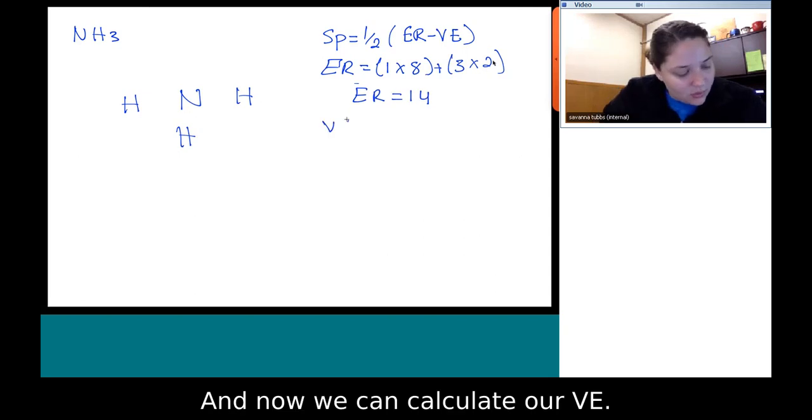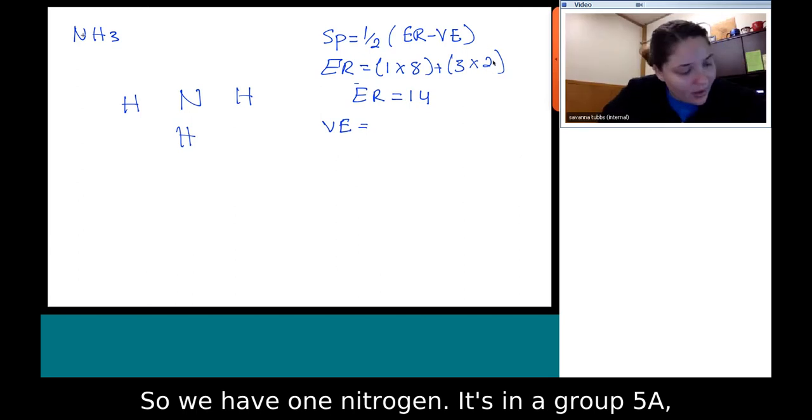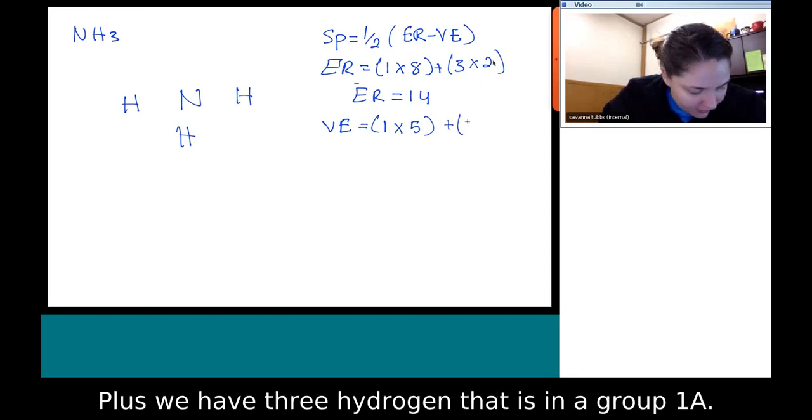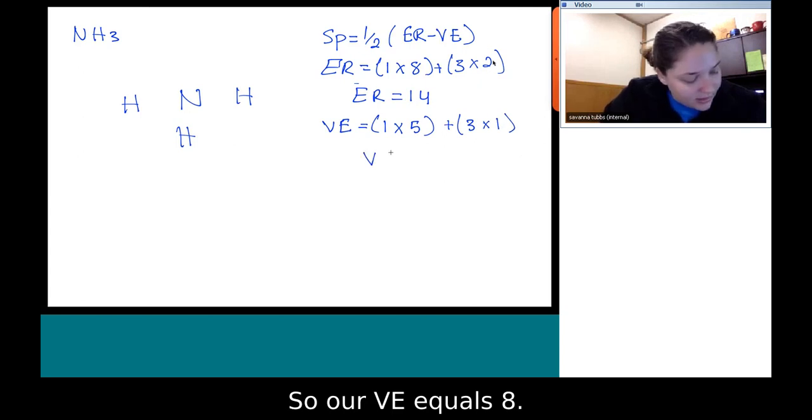And now we can calculate our VE. So we have 1 nitrogen. It's in a group 5A, so it has 5 valence electrons, plus we have 3 hydrogens that are in a group 1A, and so our VE equals 8.